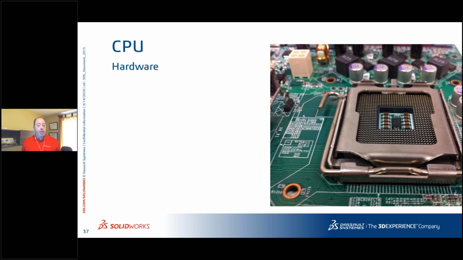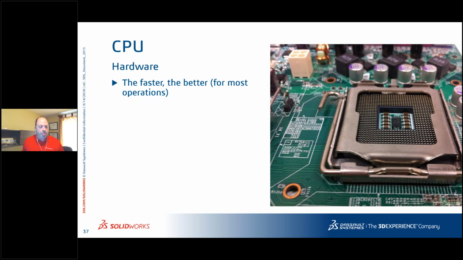Next thing is CPU. And rule of thumb, for most operations, the faster CPU is the better. For the last, probably 5 to 10 years, the CPU processing power and speed has pretty much plateaued. There's not a lot of increments in performance in CPU like we were seeing over 10 years ago.